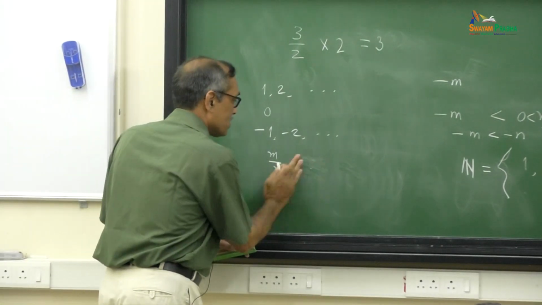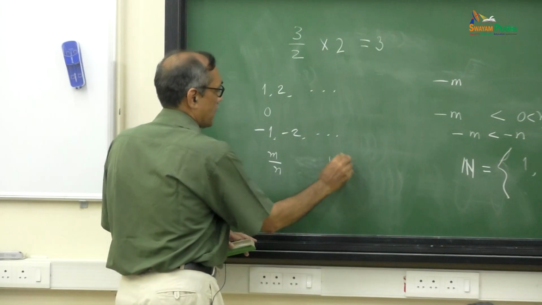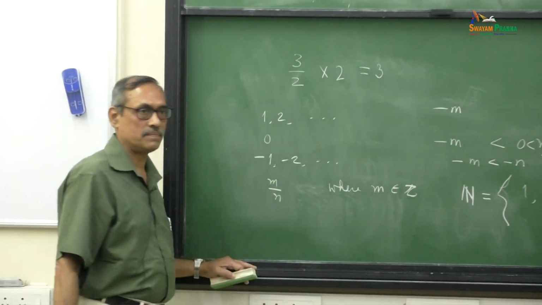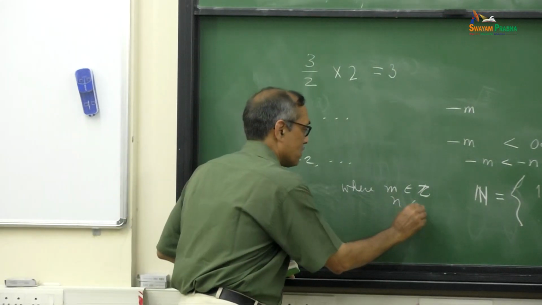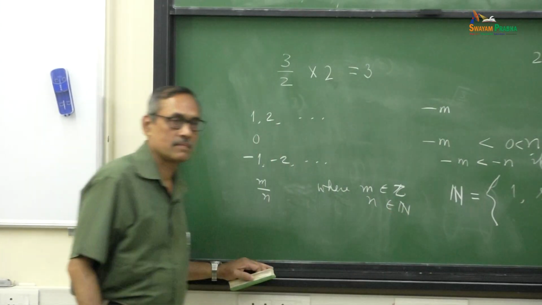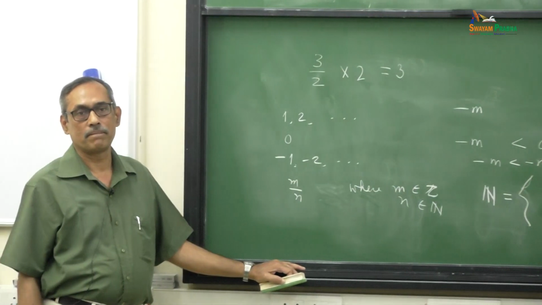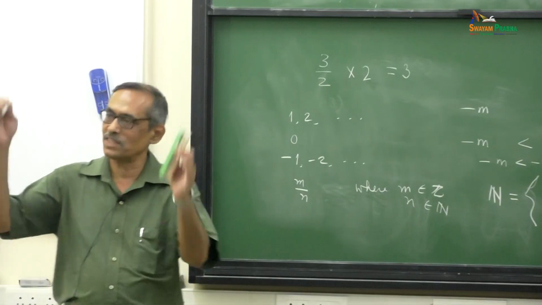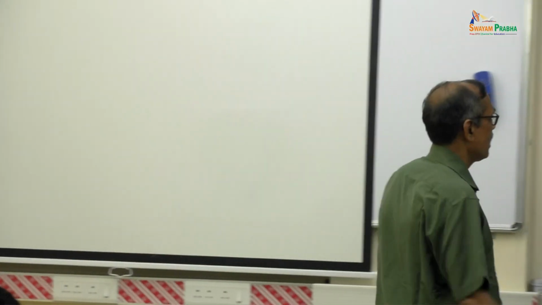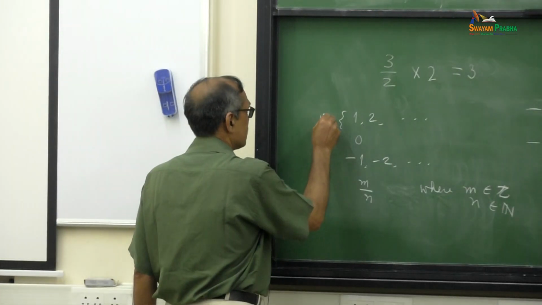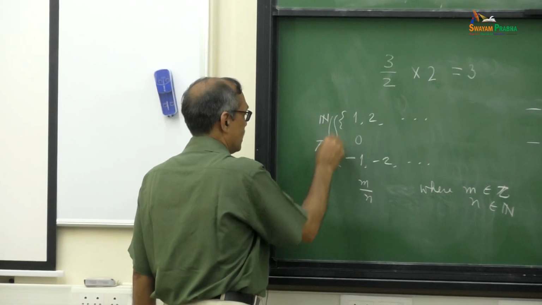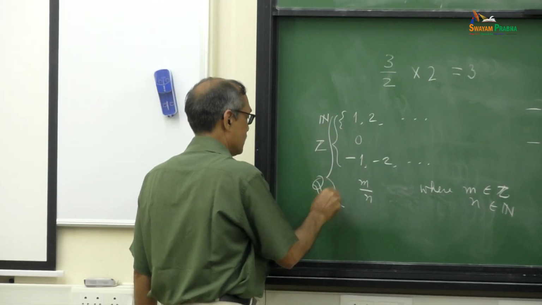Where m is an integer, right? And n is a natural number. They are again symbols. We are just putting those symbols inside that set, and it is a bigger set now. This set we will call natural numbers. This set we will call integers. Now this set we will call rational numbers.